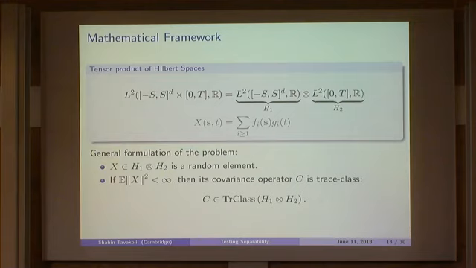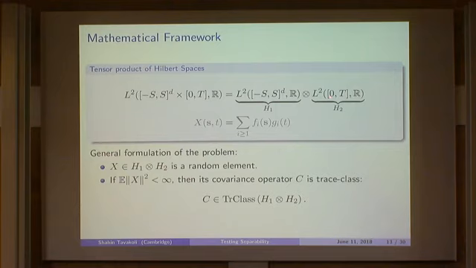Now, if I look at this space of square integrable functions indexed by a space parameter and a time parameter, this space is equal to the tensor product between the space of square integrable functions that are spatially indexed and square integrable functions on the time index.